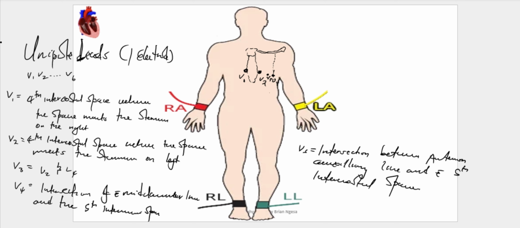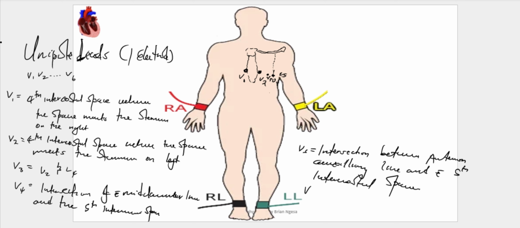This suggests that this V5 will be in a more lateral spot. So somewhere still in the same plane of the fifth intercostal space, but at a point where it intersects with the, not mid, but the anterior axillary line. So placing our V5 over here.